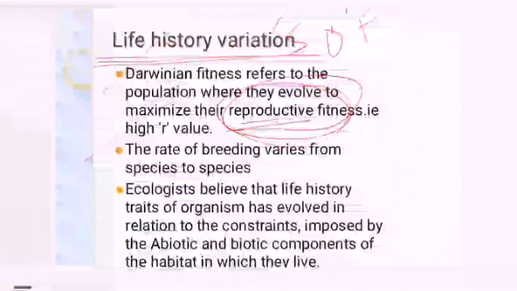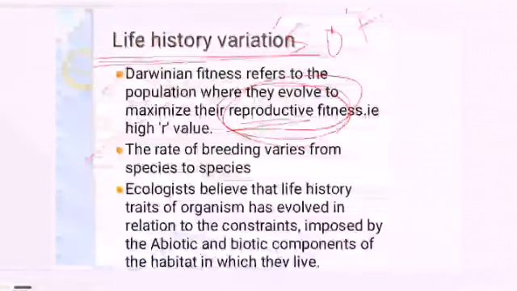Some organisms produce a large number of small offspring, and there are also many organisms that produce a small number of big-sized offspring.